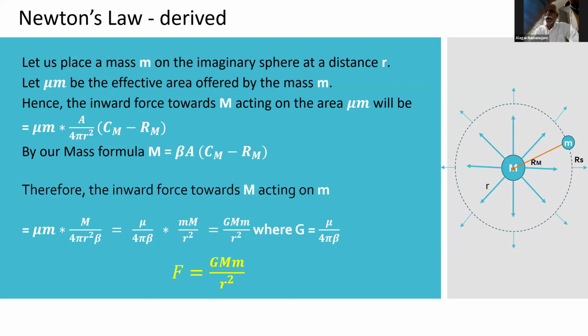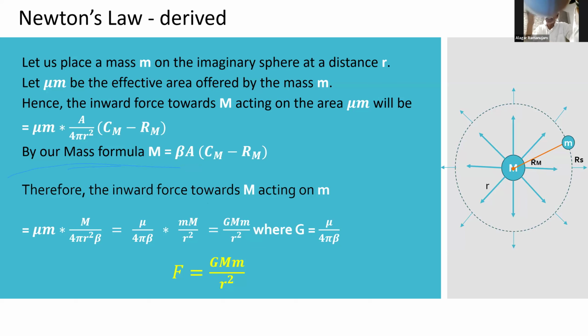It depends upon the position in which we are keeping that m. So in general, we assume that if small m is the mass of the second one, the area offered for the compressive pressure to act is mu into m, where mu can be anything. It may be 0.1 or 0.2 or 0.3, some factor. So this is the area offered by the second mass.